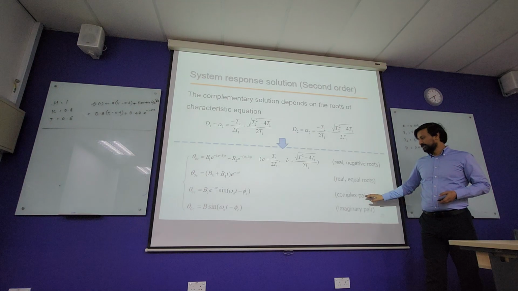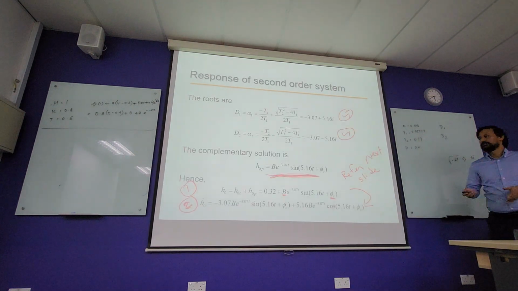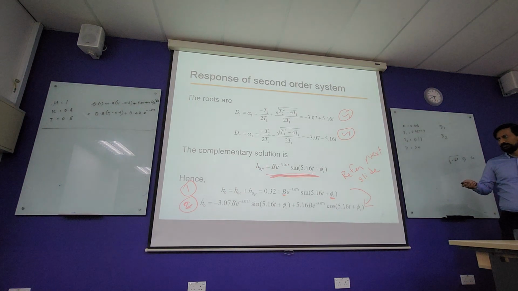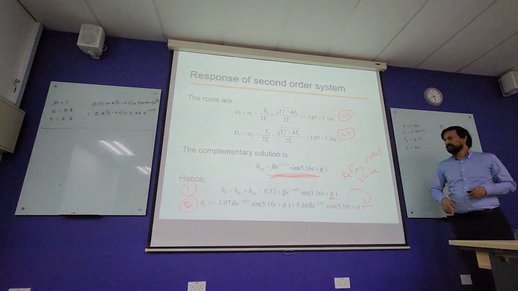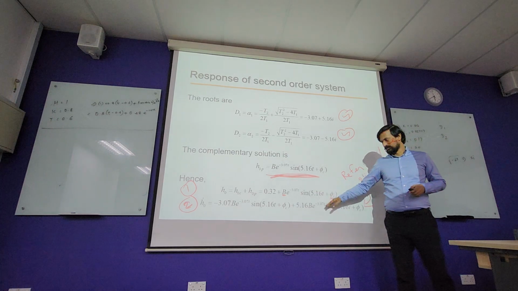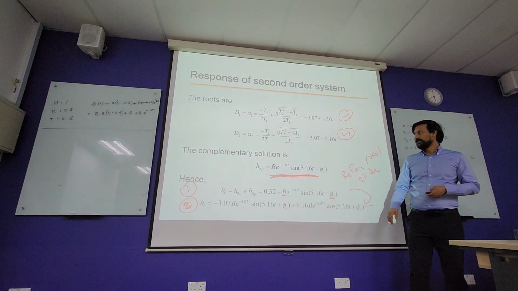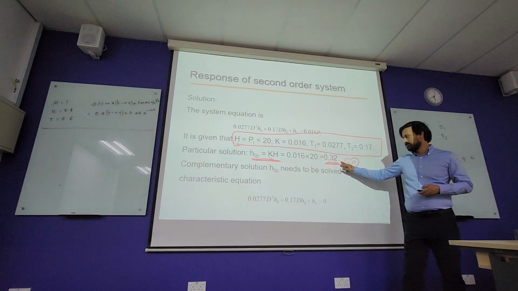Okay, so for this case we are in the complex case, so we use that formula and substitute all the values. We will see the details in the next step, how to derive from this step to this. Basically, the last step, we already know our particular solution is 0.32.